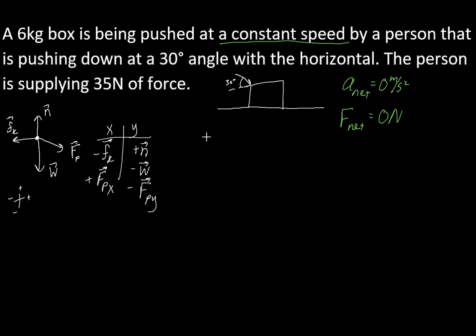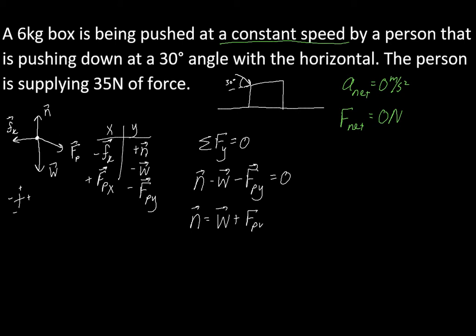Again, because the net force is 0, that means the sum of the forces in y also has to be 0. So the sum of all those y forces, here's your normal force minus the weight minus the force of the person in the y direction, all that has to be 0. Some algebra brings us to the normal force equals the weight plus the force of the person in the y direction.